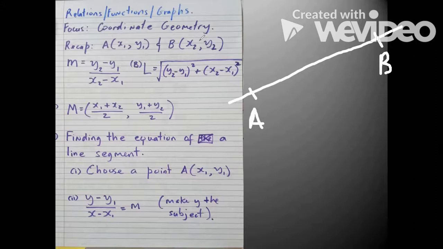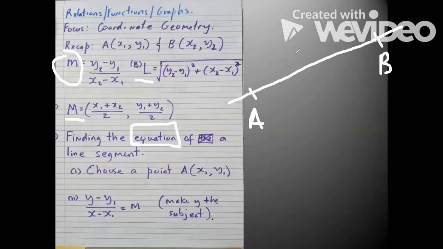But in this question here, we're not given any ordered pairs, nor a function to work with. All we're given is 2 points. So we can use a series of formulas to find the gradient, the length, the midpoint, and even the equation of the line.